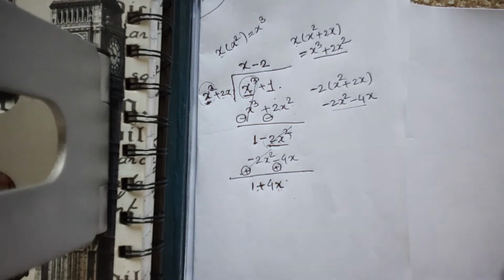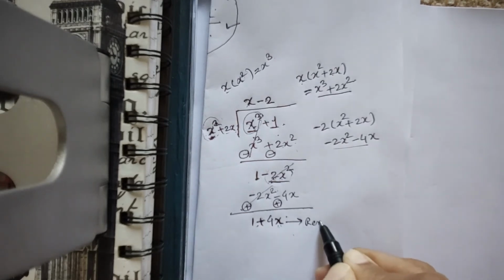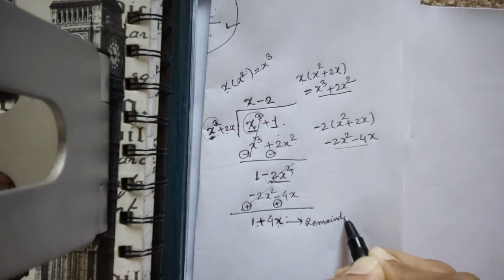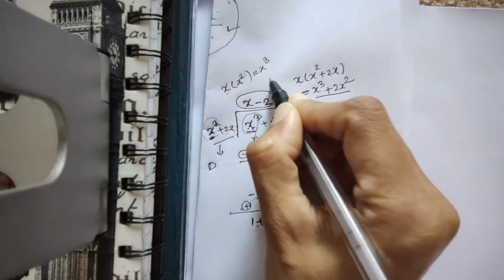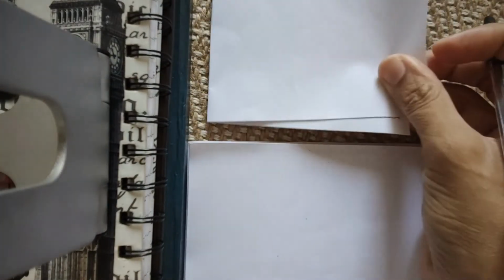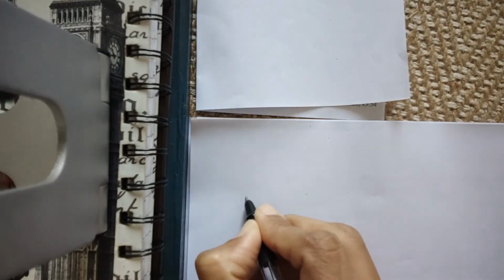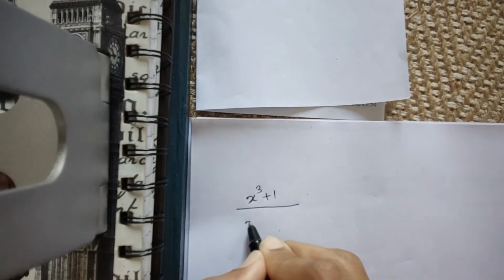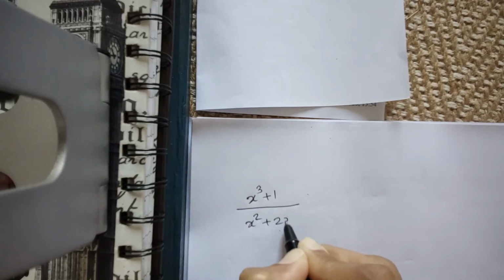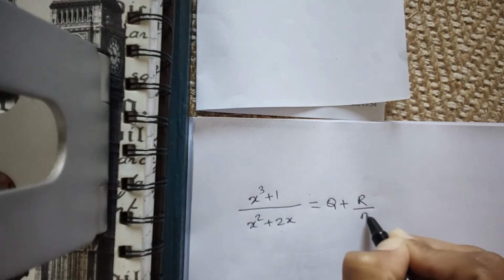The division is complete here. Now this is my remainder. This is the divisor, and this we get as the quotient. So I am writing here: the original equation was x cube plus 1 upon x square plus 2x equals quotient plus remainder upon divisor.